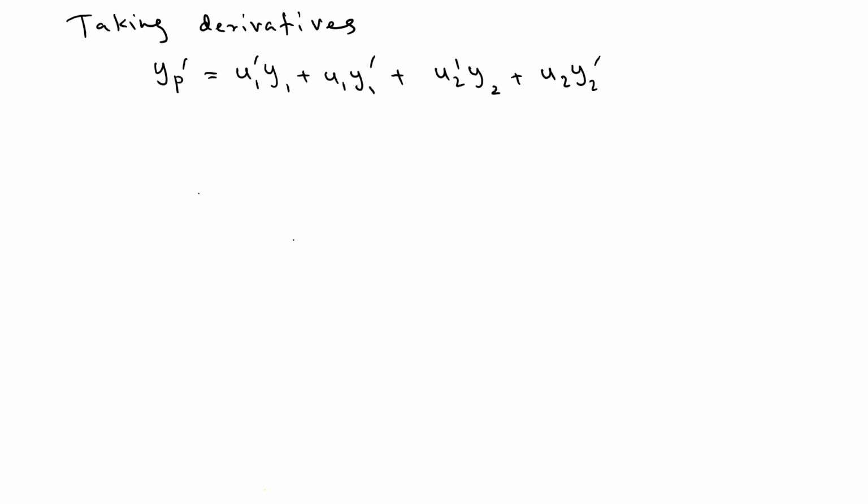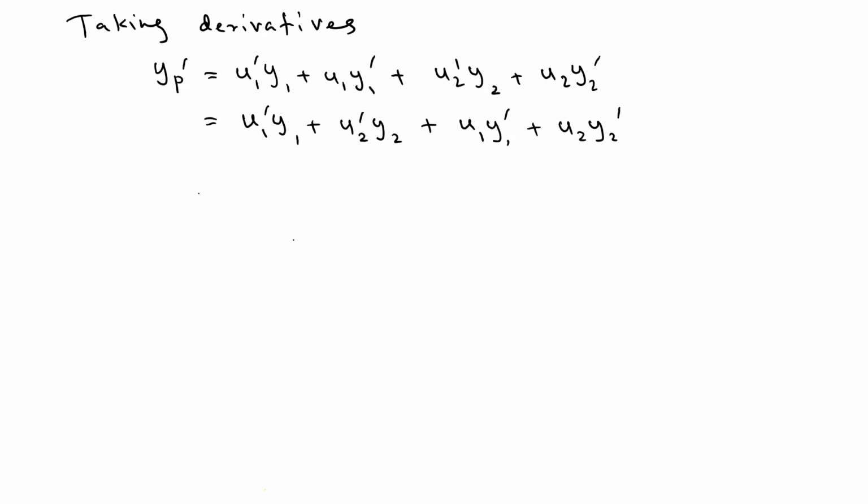So we can isolate the terms which have the derivatives of the unknown functions: u1 prime y1 and u2 prime y2. Those two have derivatives of the unknown functions, and then write the rest: u1 y1 prime plus u2 y2 prime.